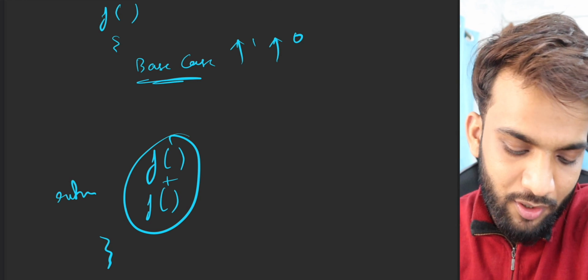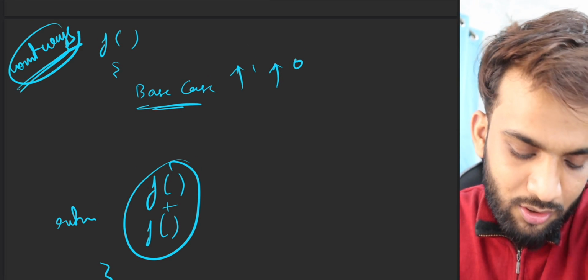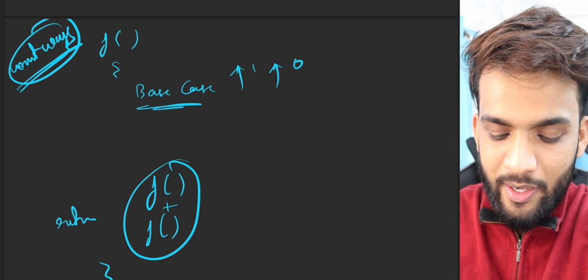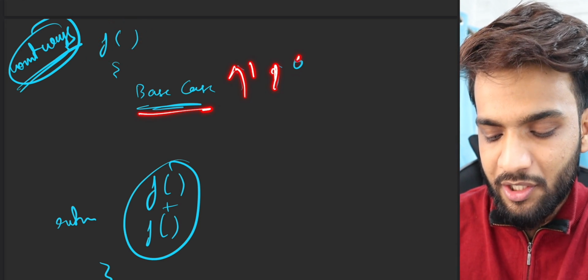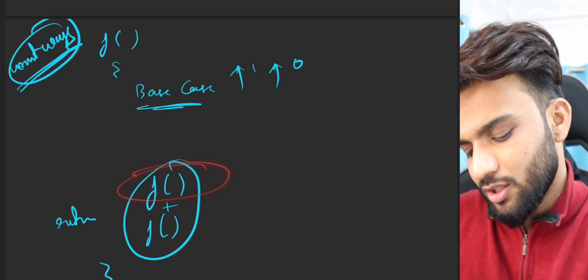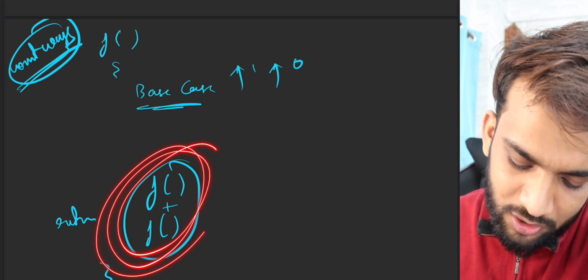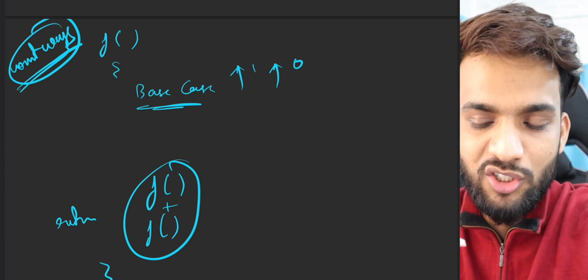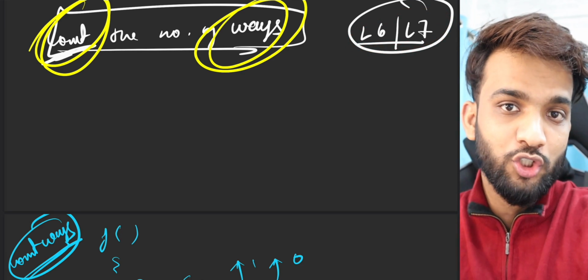Remember this? Whenever the problem is count ways, you write a function, you know the base case has to return 1 or 0, and then you try out one of the possible ways, and if there are other ways, you try those out, and you add up all the states and you return. That's the generic way, and we have learned that in lecture 6 and lecture 7 of the recursion playlist.